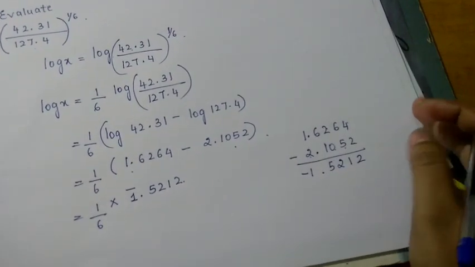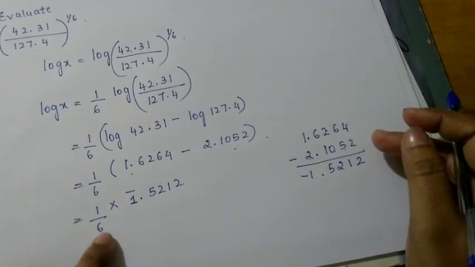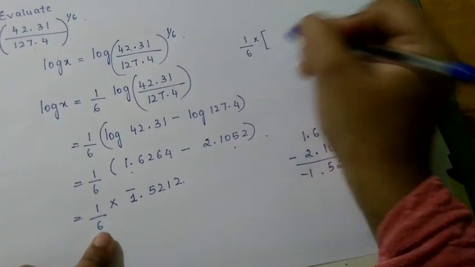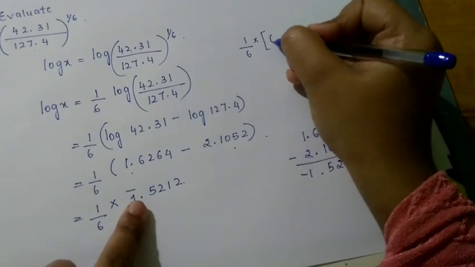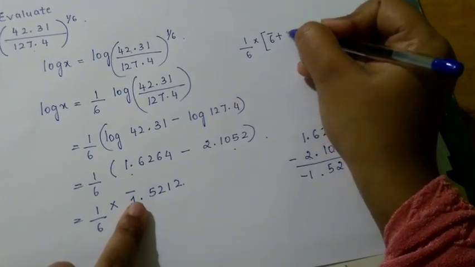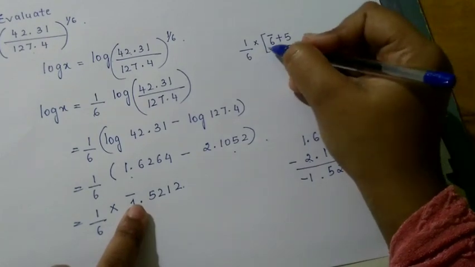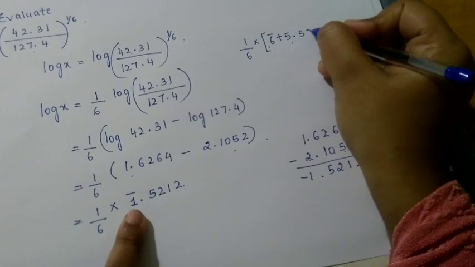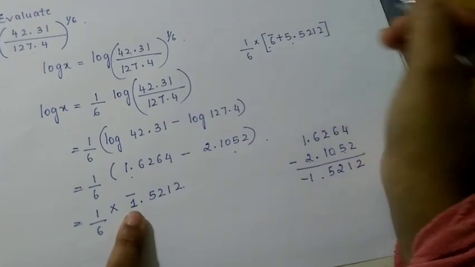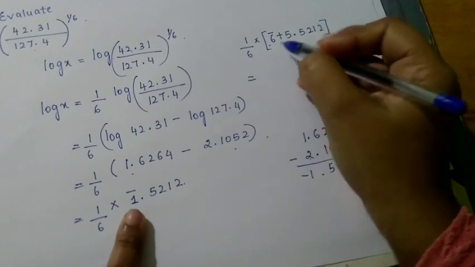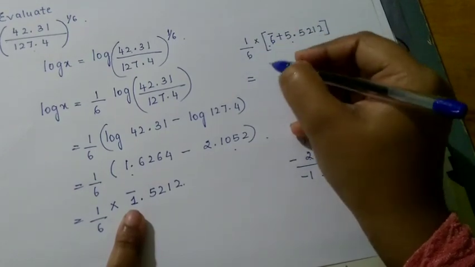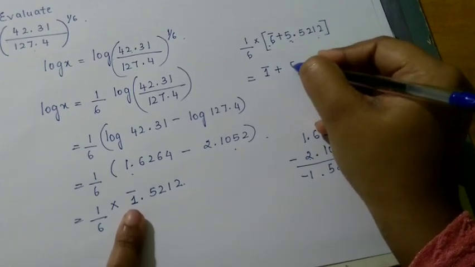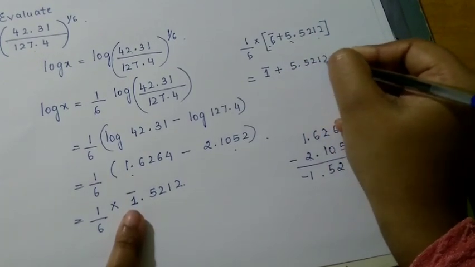The next part you have to do is take a number such that it is divisible by 6. 1 by 6 into 1 bar is there. I can write in terms of 6, meaning minus 6 plus 5. Minus 6 plus 5 comes out to be minus 1. The point value stays as it is, 5212. So this will be equal to 1 by 6 into 6 bar, which comes out to be 1 bar plus 5.5212 divided by 6.